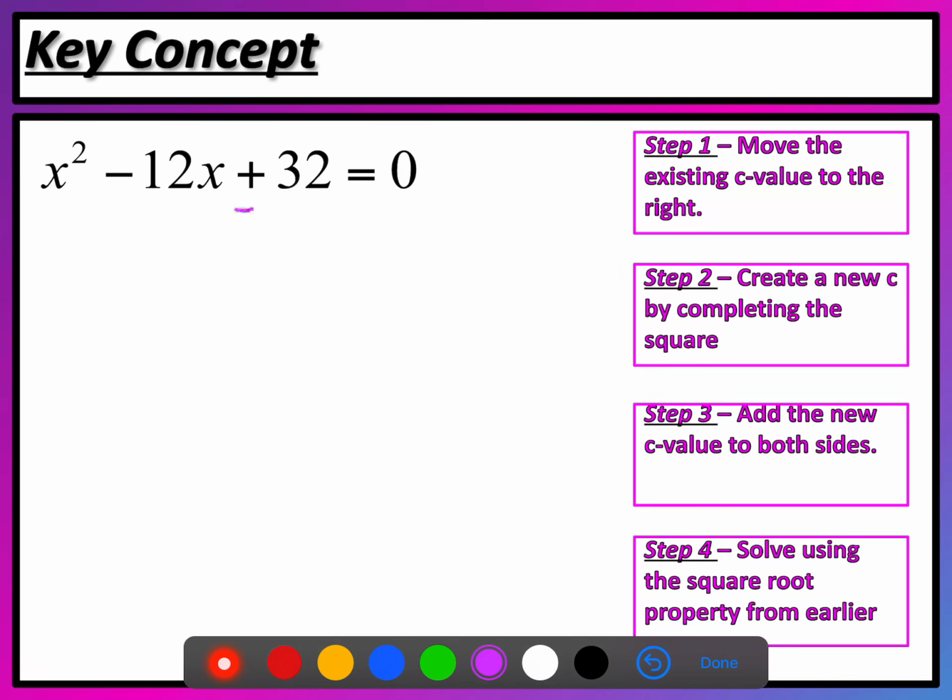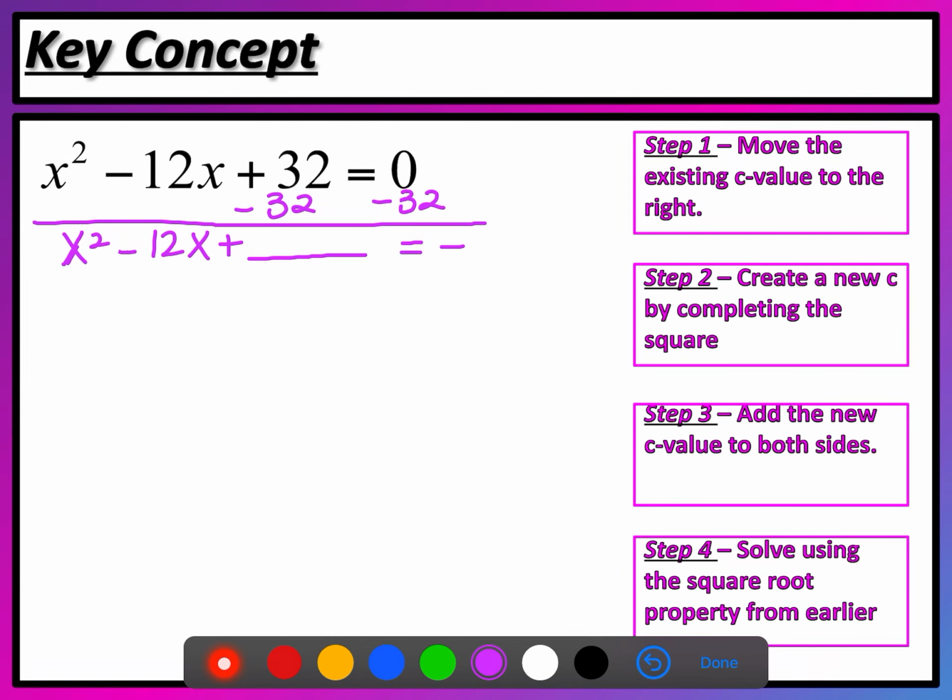All right, so we look at our original equation. We're going to move c to the other side because this is not a perfect square. This does not help me. I'm getting rid of it. And I'm going to leave myself a blank for a new c value on both sides. Remember, we have to keep it balanced.